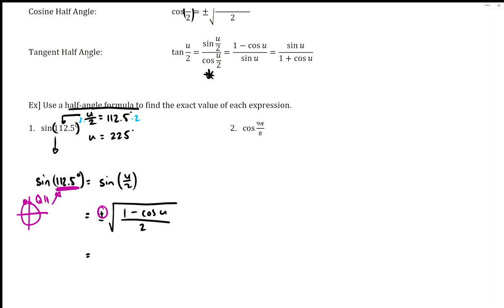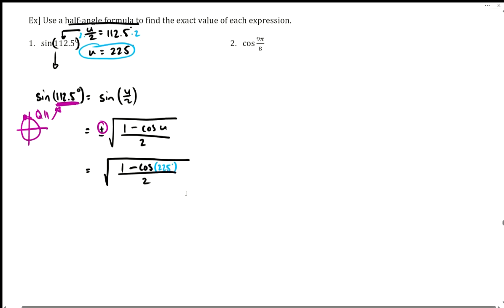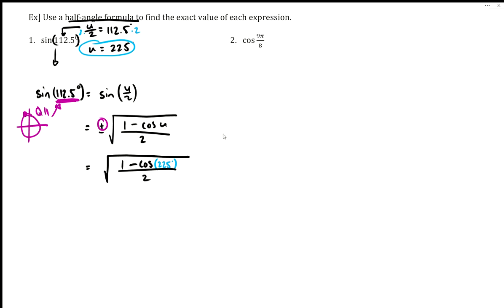Now that we know the positive and we have the formula, we'll do our big old square root 1 minus cosine of u. So here's our u, 225 degrees, and then divided by 2. Okay, so there's the big setup. Now the rest of it is just the order of operations.